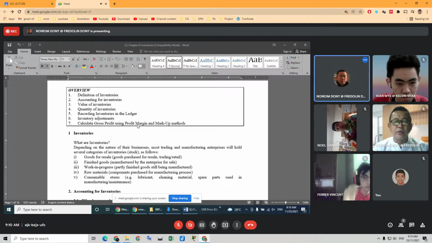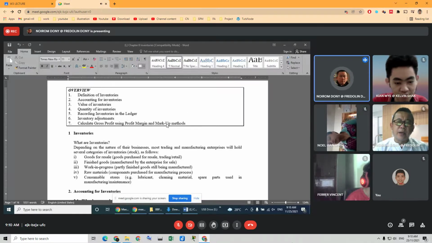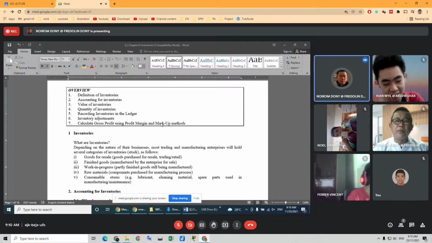So if we know the profit margin, you just minus it from 100%. Let's say the profit margin is 20%, so the cost of goods will be 80%. Whereas markup will be with the assumption the cost of goods sold is 100%. Okay, later then you will understand.